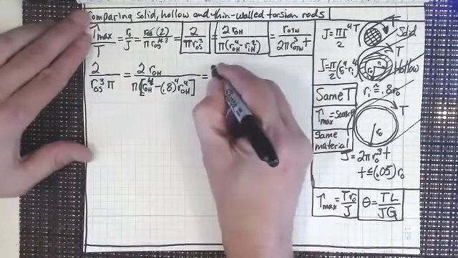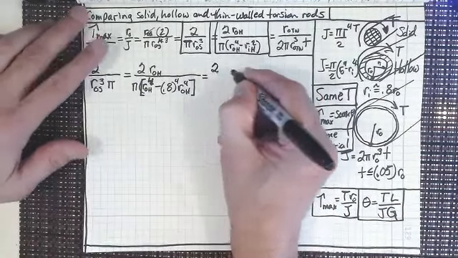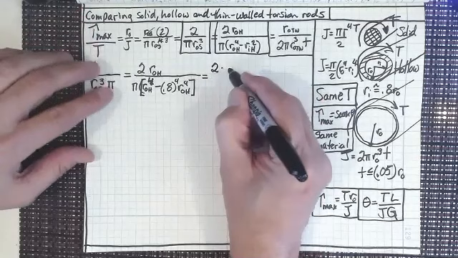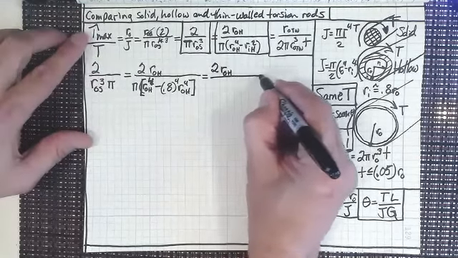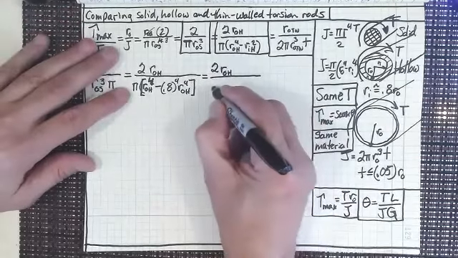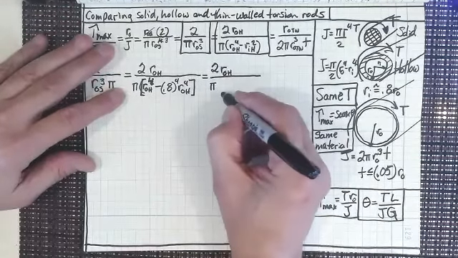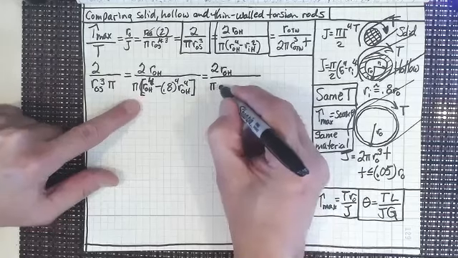So let's do that. So we've got 2, and that's the R outer, so that nobody feels lost in the steps that I'm doing here. And then I'm going to bring pi, and I'm going to bring R outer hollow to the 4th out of there.